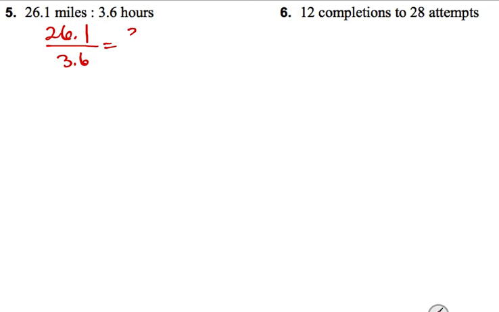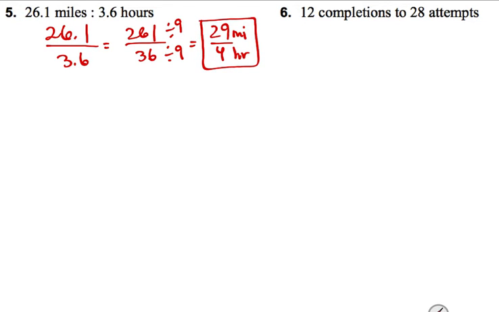We're going to first change that to 261 out of 36. 261, let's see, that divides by 9. So we'll go with 9 on this. So divide by 9. This is 29 over 4. So it's 29 miles every 4 hours.